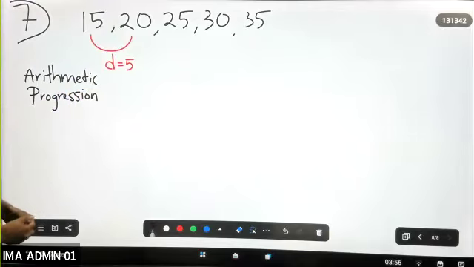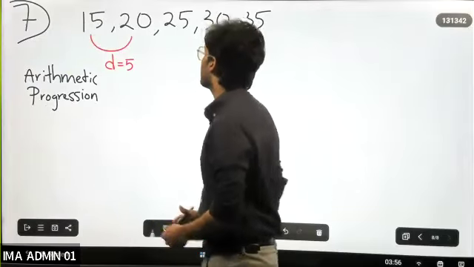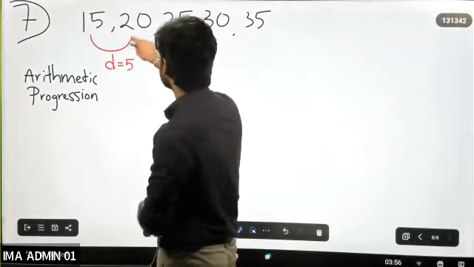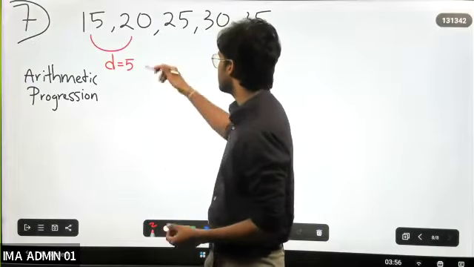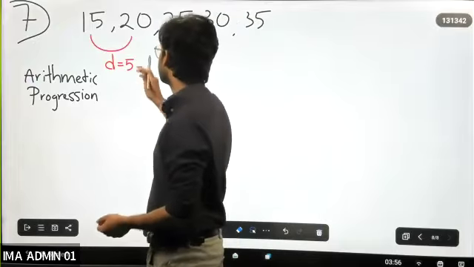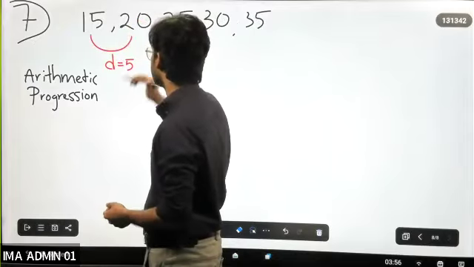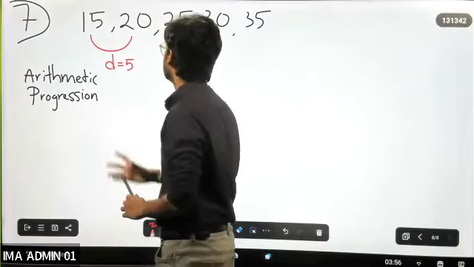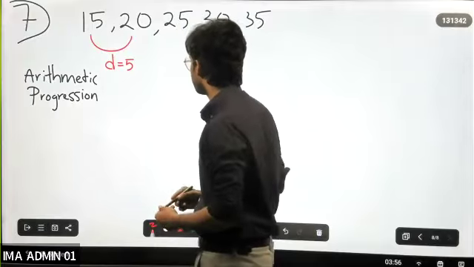In this arithmetic progression, the difference between adjacent numbers is 5. You subtract the first term from the second term, or the second from the third.